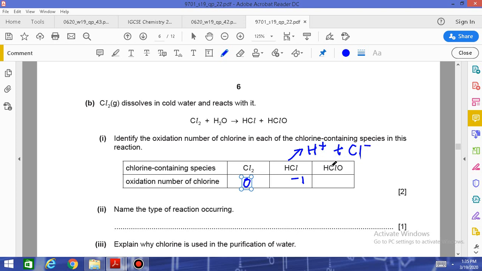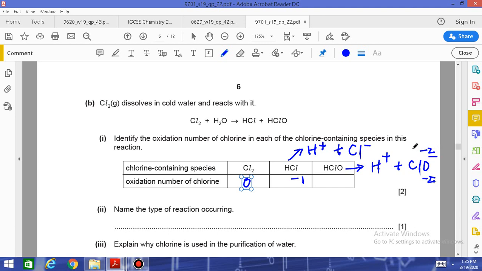While for this one, I split into ions first. It's Na plus and ClO minus. So it contains a polyatomic ion. ClO minus is a polyatomic ion. For the oxidation number of chlorine in this ion, the oxidation number of oxygen is -2, times 1, so -2 again.